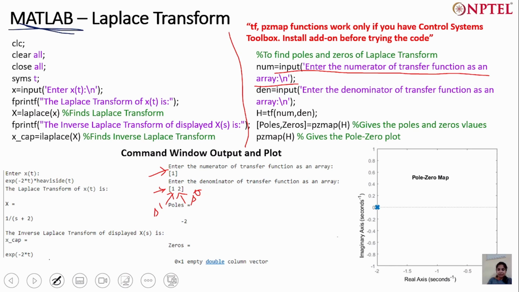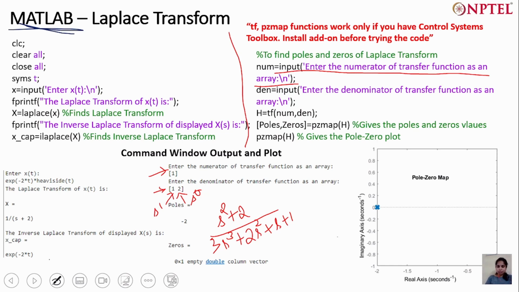For example, let us see an example. I have (s square plus 2) divided by (3s cube plus 2s square plus s plus 1). This is our transfer function. So how do we write it in MATLAB? How do we express it?